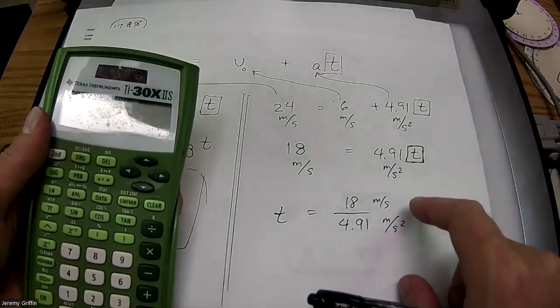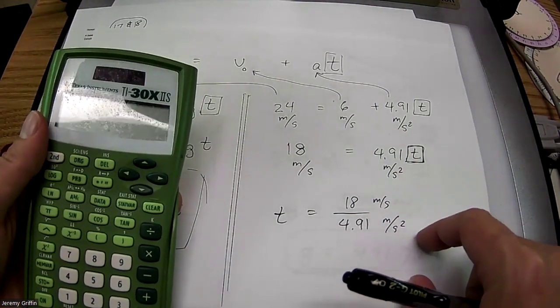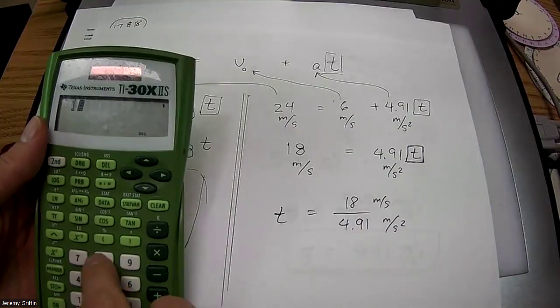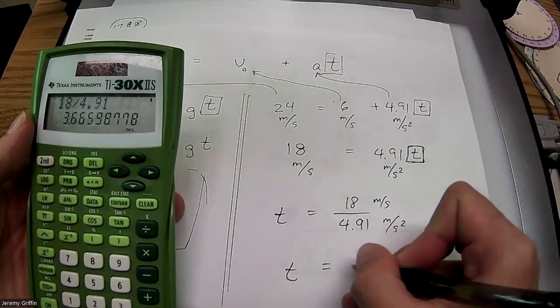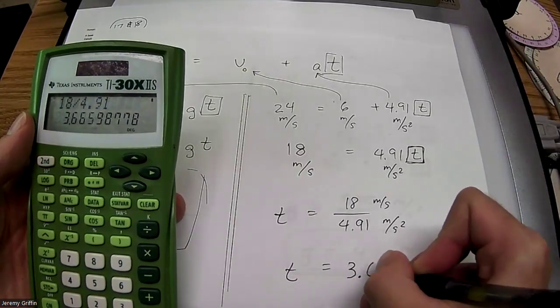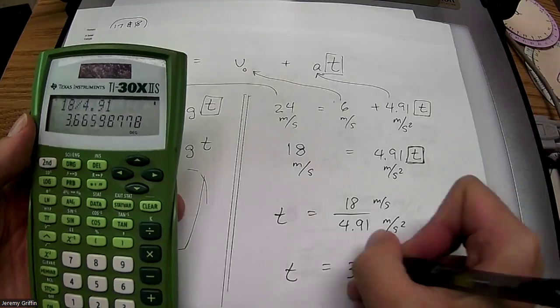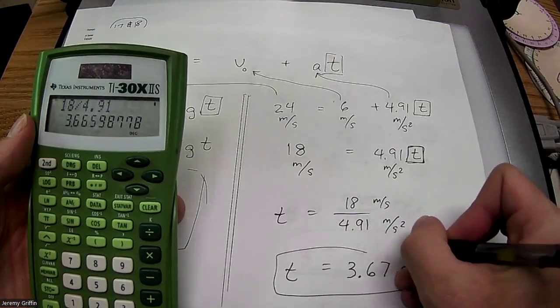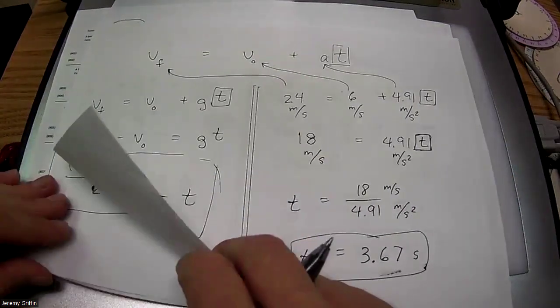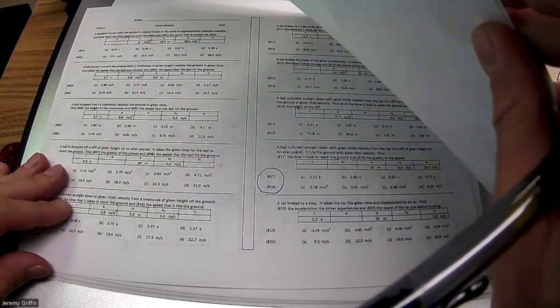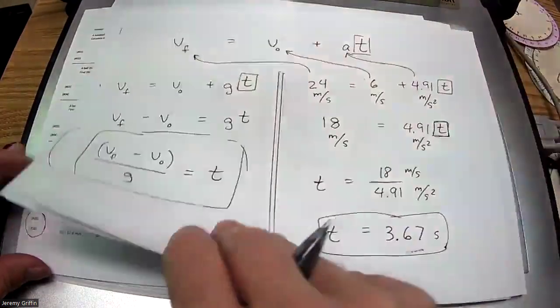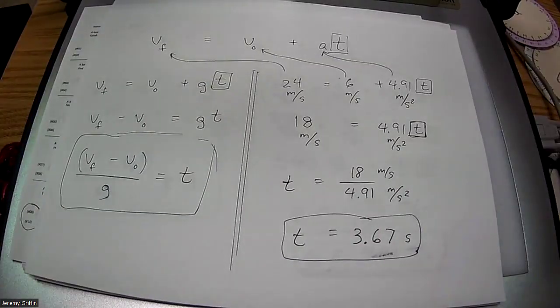Okay, and 1 divided by 1 over seconds, seconds comes back out on top, which tells me 3.67 seconds. Might be an answer choice. It's 3.6. Yep, that's an answer choice. All good. All right, you guys set?